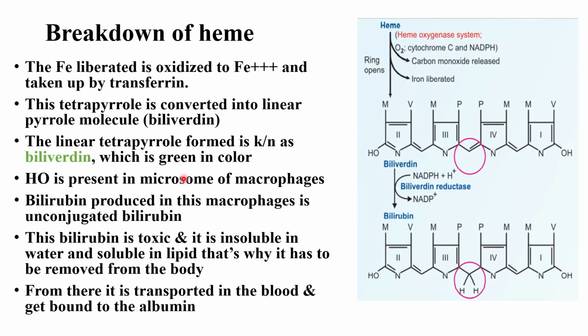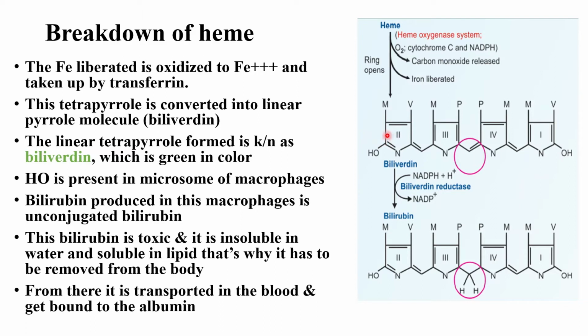Now, as I told you, the iron liberated is oxidized to ferric ions and taken up by transferrin. The tetrapyrrole heme is converted to a linear pyrrole molecule, as I already told you, because of the breakage of the methylene bridge between pyrrole rings 1 and 2.